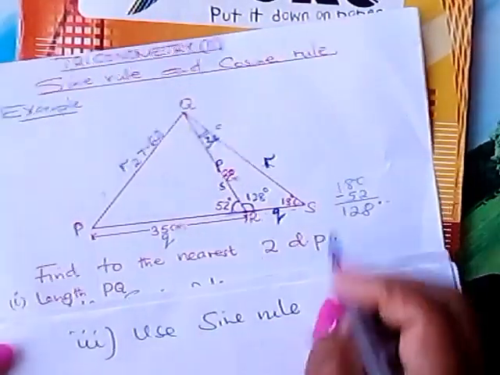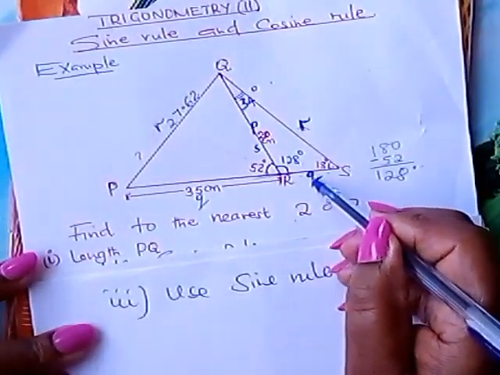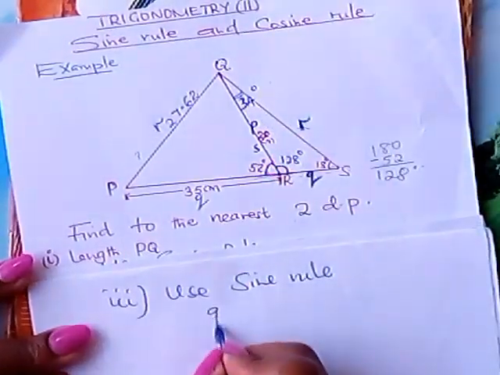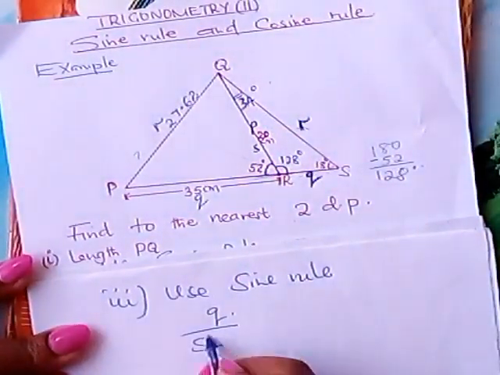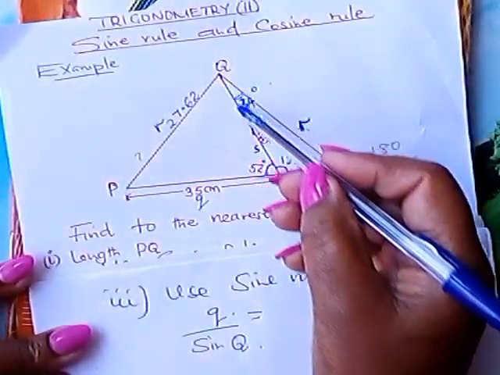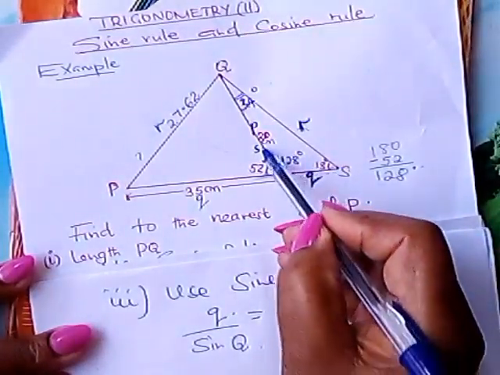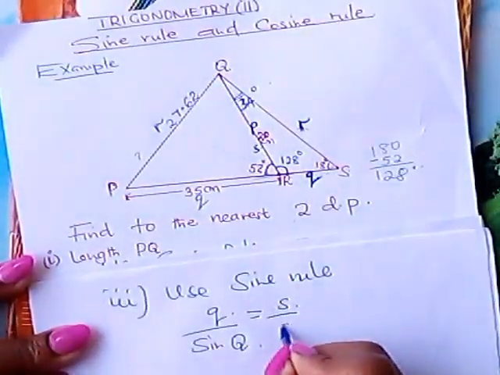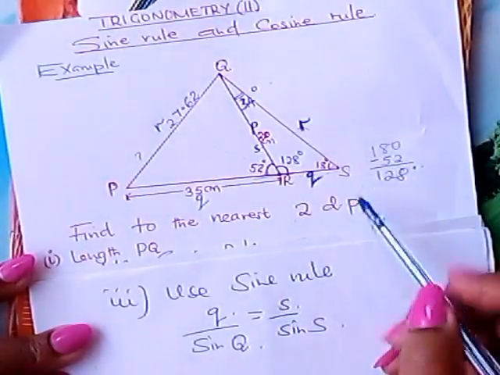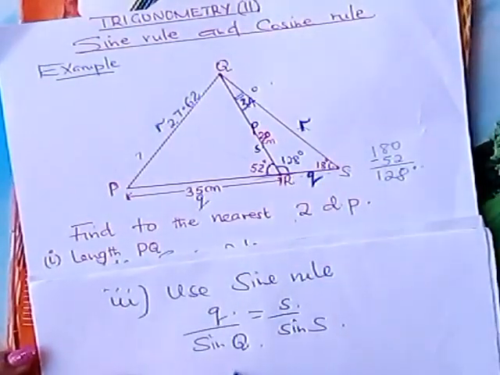Sine rule states that Q, this side, divided by sine of the opposite angle. So Q over sine Q is equal to, we can use this side here, we call it S using this triangle, small s over sine S. We want our RS.